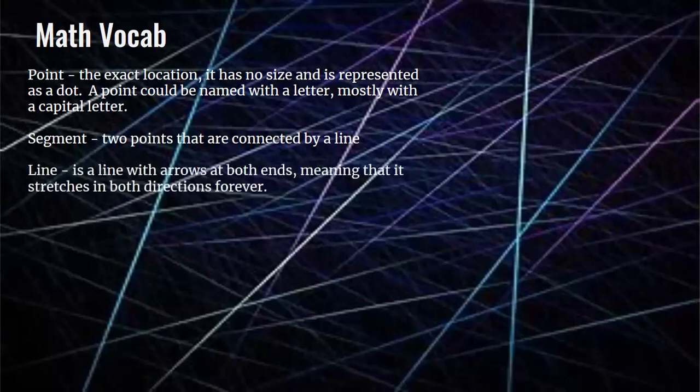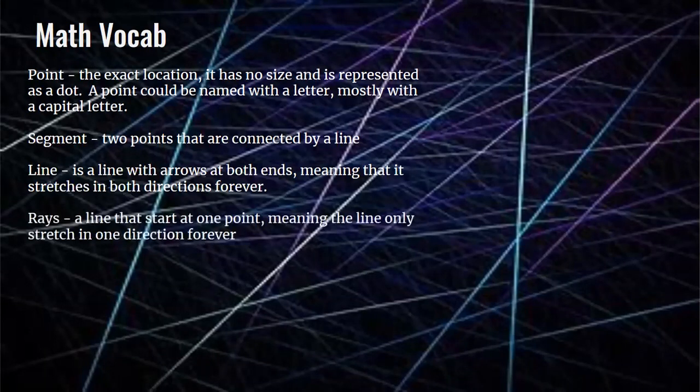A line is basically a line with arrows at both ends, meaning that it stretches in both directions forever. Rays. A ray is a line that starts at one point, meaning the line only stretches in one direction forever.